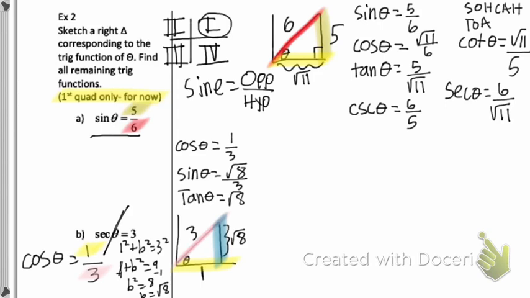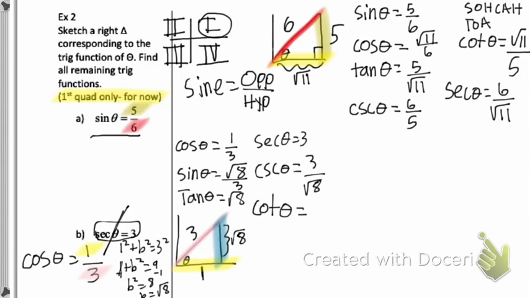We already know secant of theta equals 3 because the information is given here. Now let's do cosecant of theta, which is the reciprocal of sine of theta. It'll be 3 over square root of 8. Now cotangent of theta will be the reciprocal of tangent, so it'll be 1 over square root of 8.